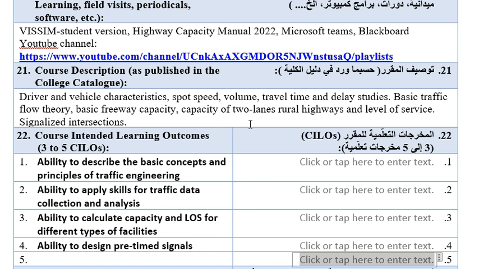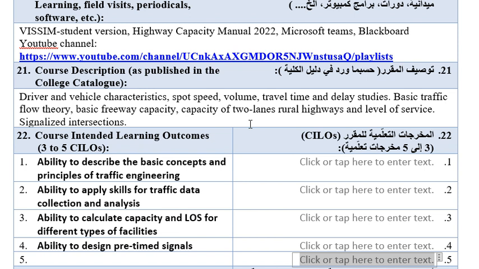And how to find out their performance, meaning if the highway is doing good or bad. This is the main thing which we will cover from the manual, the Highway Capacity Manual. And then we will touch on the topic of signalized intersections.